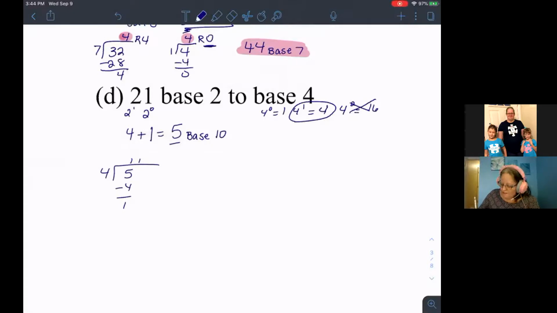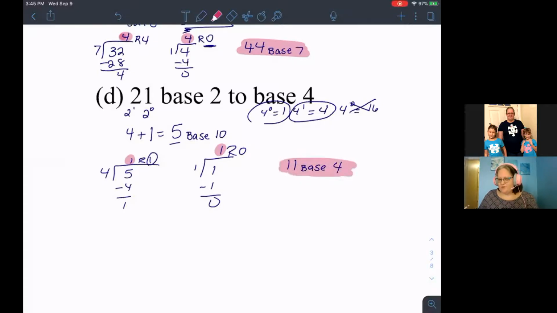Then we have that remainder 1, and we're going to divide it by 1. 1 divided by 1 is 1, remainder 0. So our number is 11 base 4. So 21 base 2 is the same as 11 base 4.